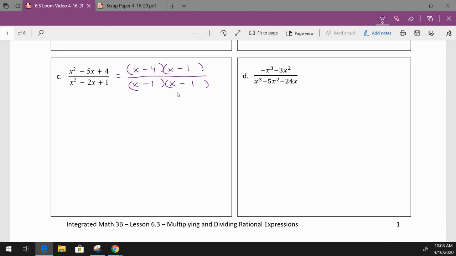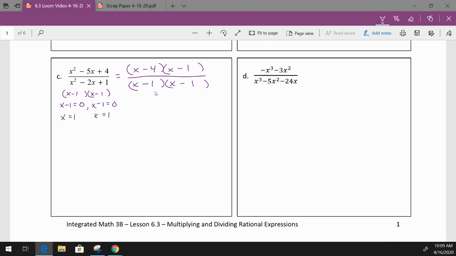So what value of x would make the denominator 0? 1. So basically this factors into x minus 1, and if we're trying to figure out what value of x is going to make the denominator 0, you would add 1 to both sides and get x equals 1.